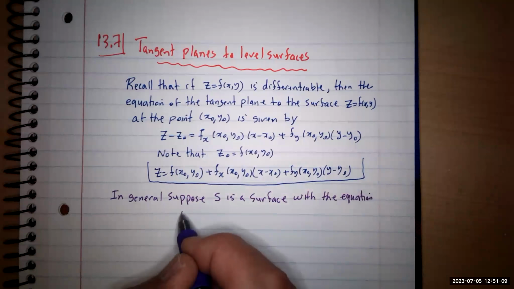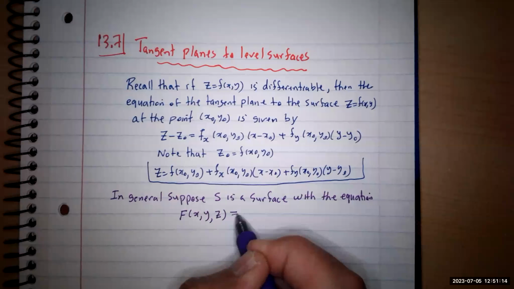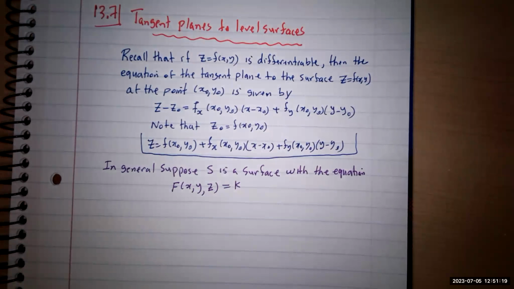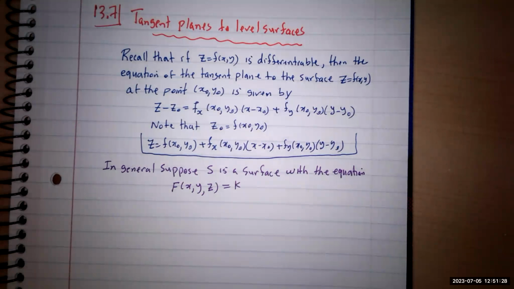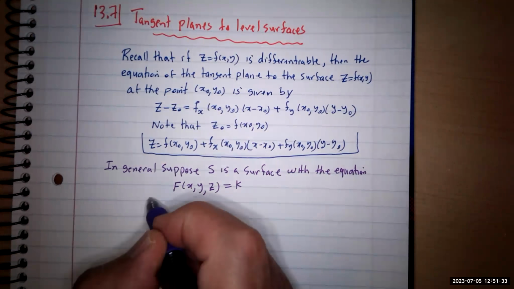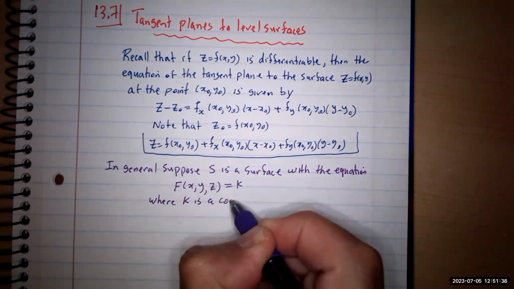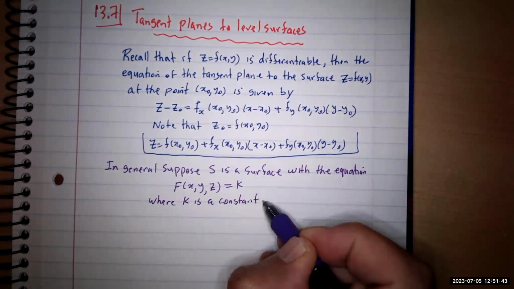This is the equation: F of x, y, z, let's say equal to k. Okay, so there is a z, but z is inside here. In the other one, you just find it straightforward, z equal to f of x, y. This is going to be the case where k is a constant.